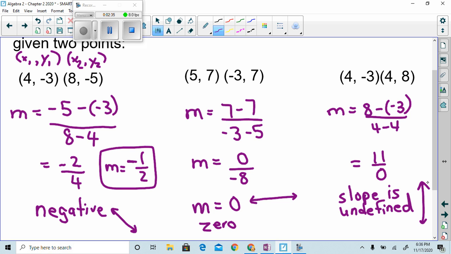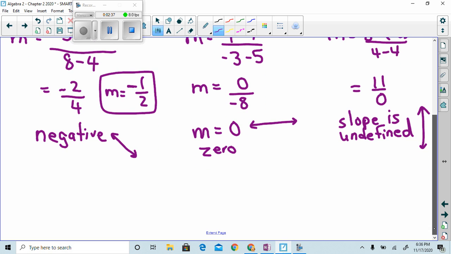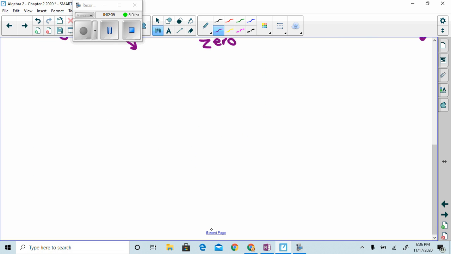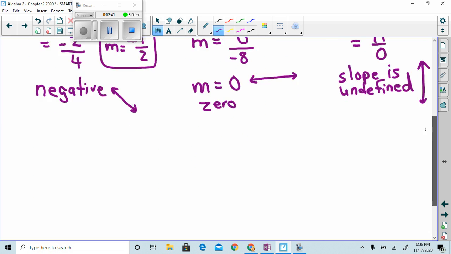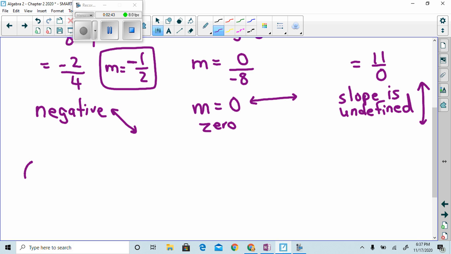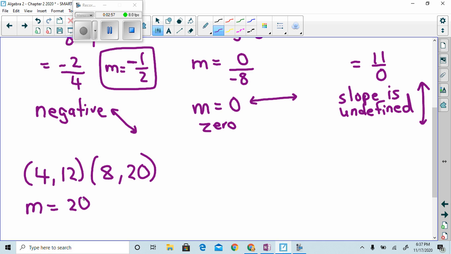And we could also do one with a positive slope as well. I didn't put one here, but let's add one to the mix. Let's put in 2 points. And let's do the calculation here. 20 minus 12 over 8 minus 4.